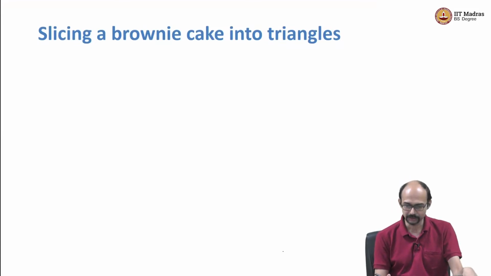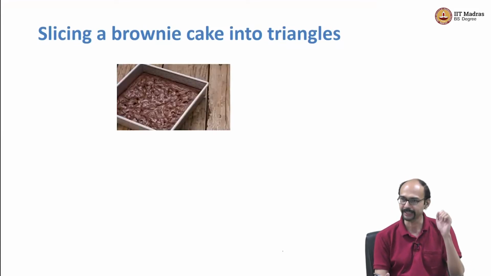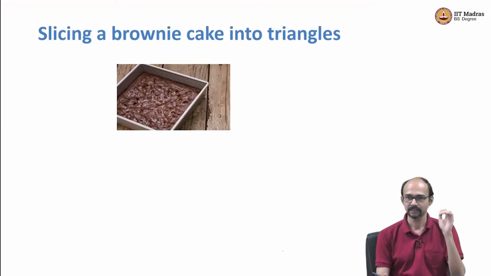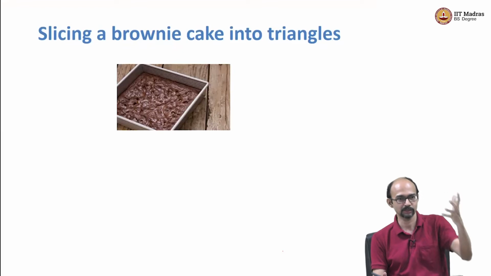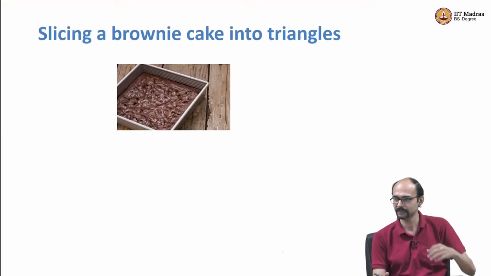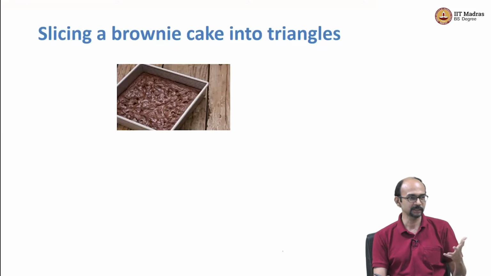So here's a brownie cake. One of my friends decided, usually you have cakes which are round and you cut them, but he decided to make a brownie cake. Typically they are squares or rectangles, and it was his son's birthday.